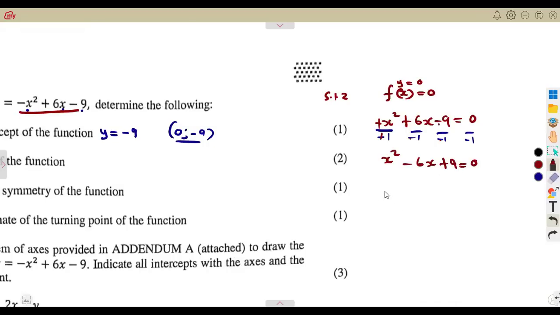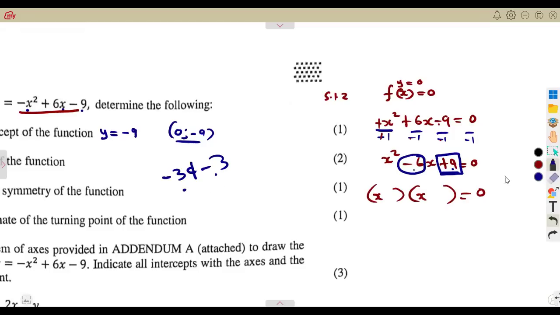Guys, we can even factorize this. Remember the products concept. Since we have x and x here, we need factors of 9 that must add up to negative 6: negative 3 and negative 3. Multiply these, that's a positive 9. If you add, you get negative 6. So that's negative 3, negative 3.